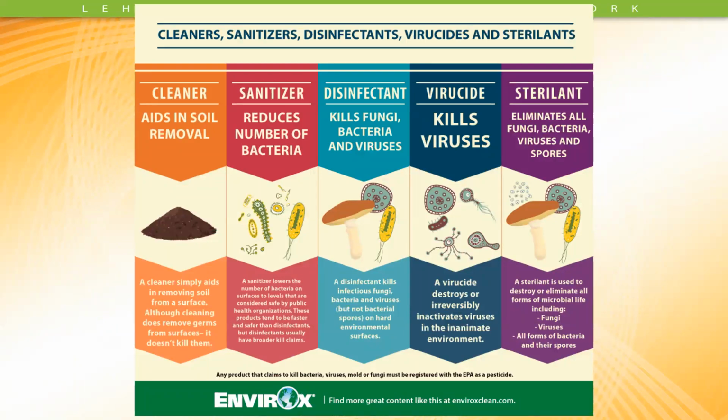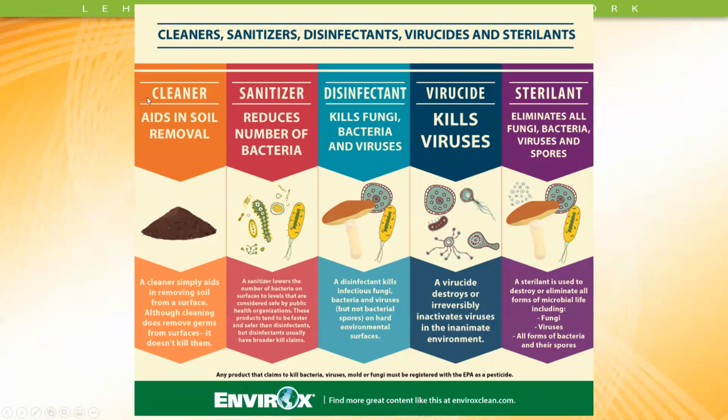And again, there are different types of sanitizers, cleaners, and disinfectants that can be used in different ways. A viricide kills viruses, so that's kind of what you want to focus on.